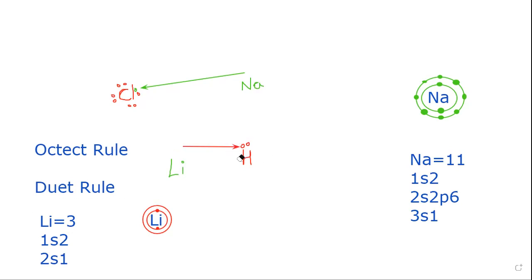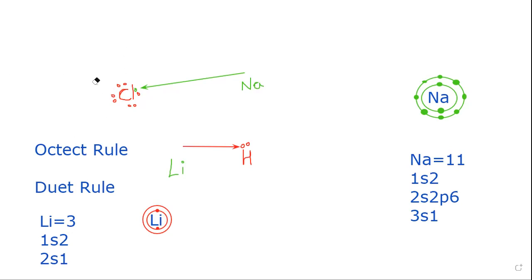So these 2 elements that are very small achieve stability, while other atoms want to have 8 electrons because they are stable when they have 8 electrons. They don't react anymore. And in the universe, everything tends to be stable, in equilibrium.